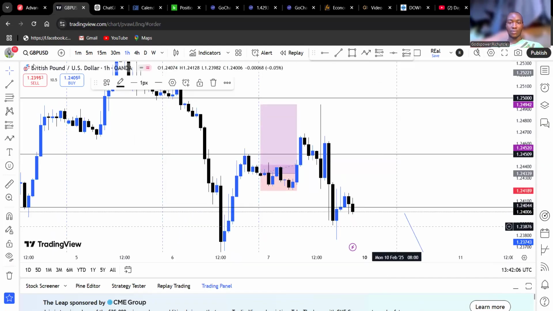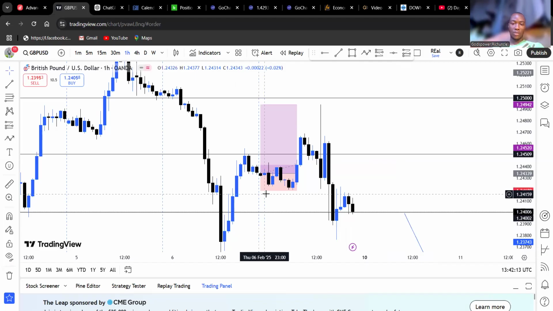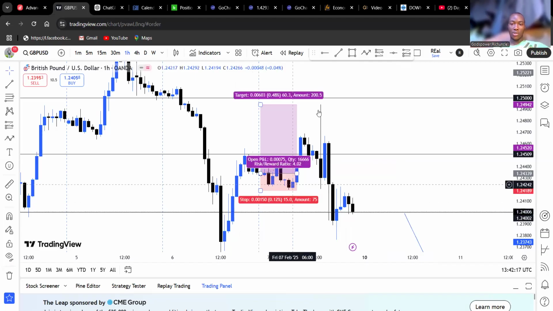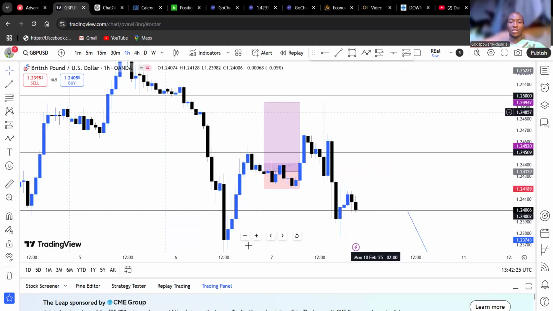This was on Friday. So I got a very good entry, but there was no solid structure for the stop loss. The market took us out and went in our direction, one to four, but it took us out prior to that. So that's just what happened for this week.